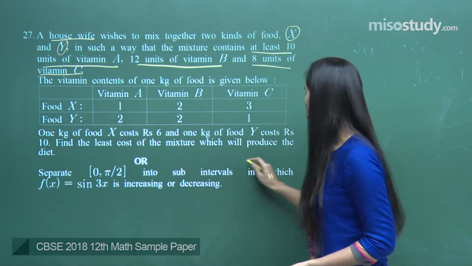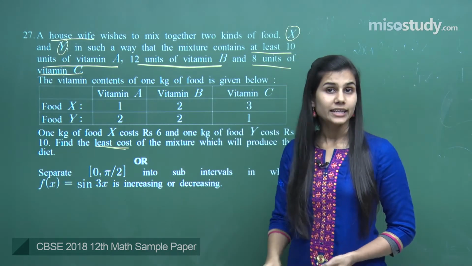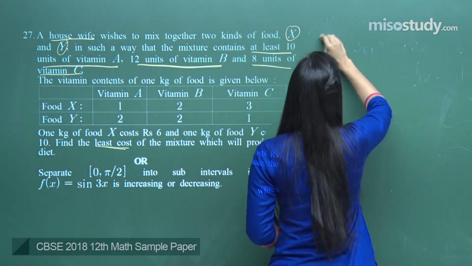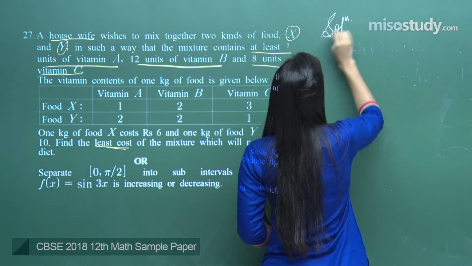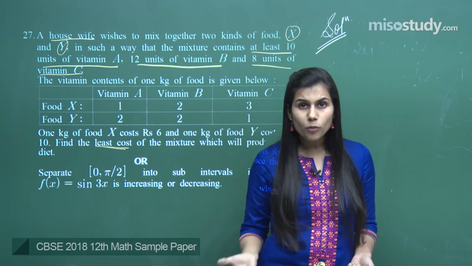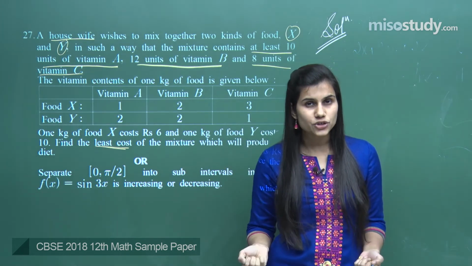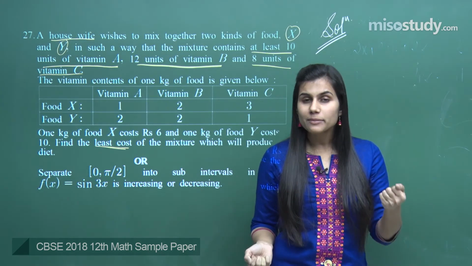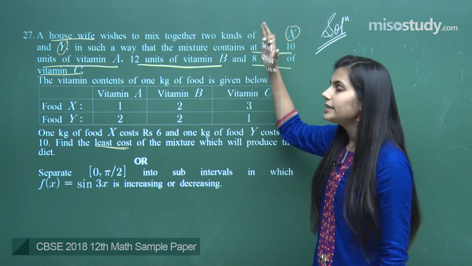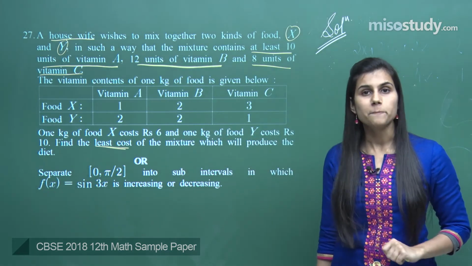So least cost, this is what I need to focus on. What do I need to find? Basically, I need to find how many kilograms of food X and how many kilograms of food Y I should take, so that when they are mixed up, all these constraints are satisfied and the cost is minimum.